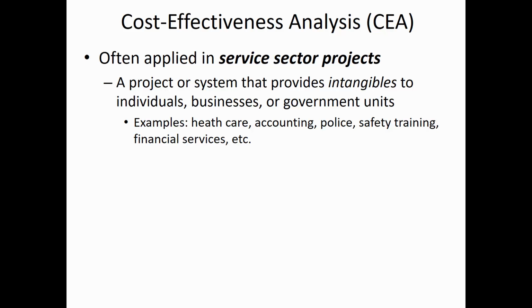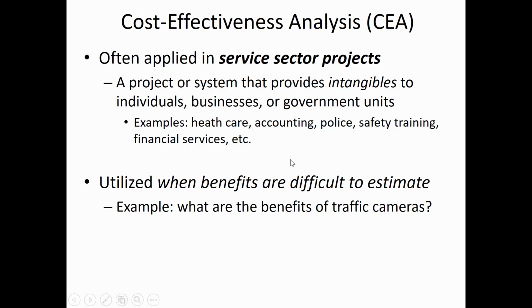But still, there has to be some way of assessing whether each of these organizations is being cost effective. And so sometimes the benefits of these things are difficult to estimate in a dollar value. We already talked about benefit cost analysis, and that's a pretty useful tool for deciding whether projects are acceptable or not acceptable if the benefits of a project can be somehow translated into money.